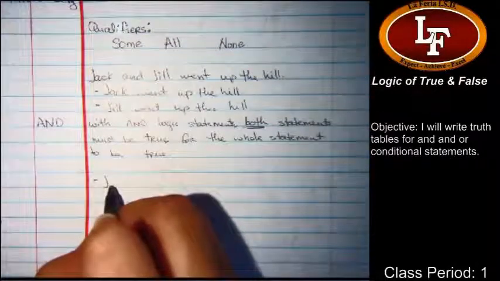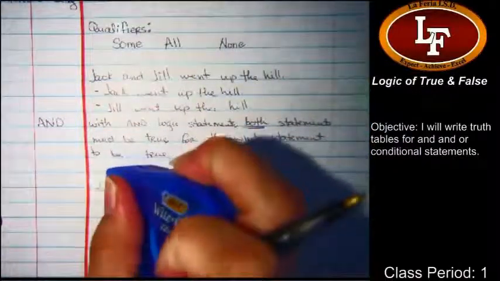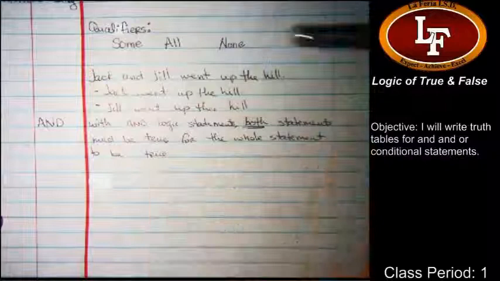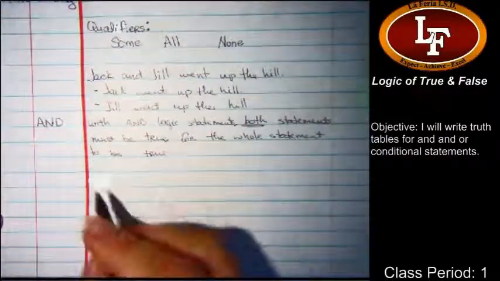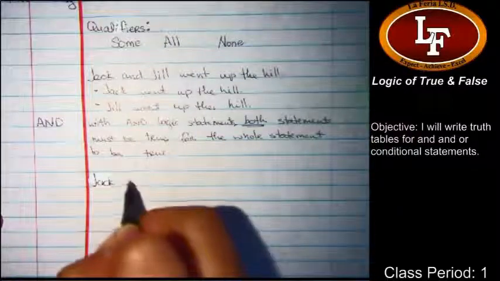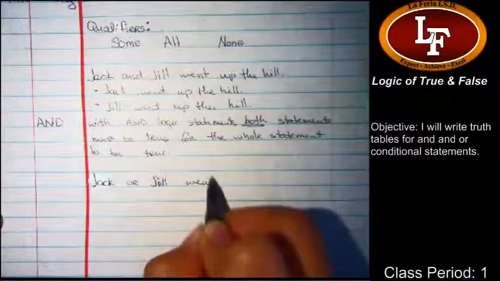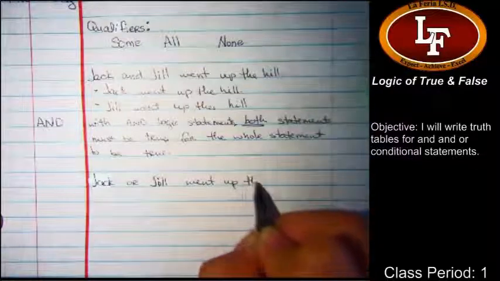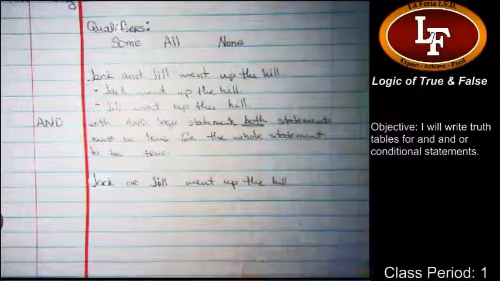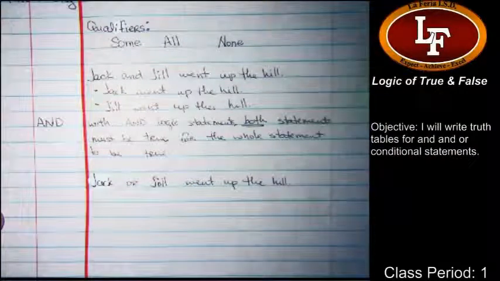All right. What if we change the sentence? It's not Jack and Jill goes up the hill. It is now Jack or Jill went up the hill. We still have the same two sentences.